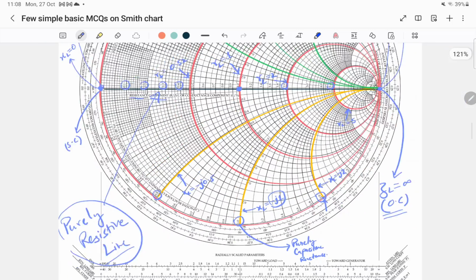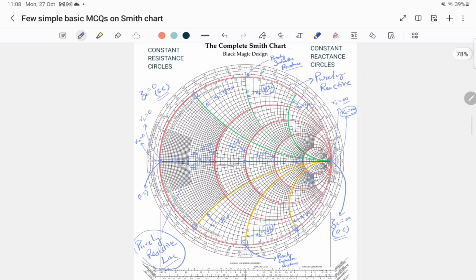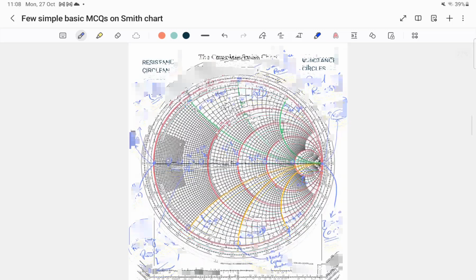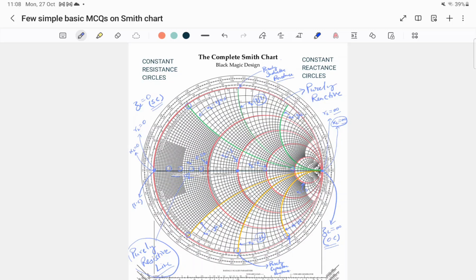So this was all about the constant resistance circles and constant reactance circles. In the next part we will talk about the constant VSWR circle and constant reflection coefficient circle. All right, let's move on to the next topic.